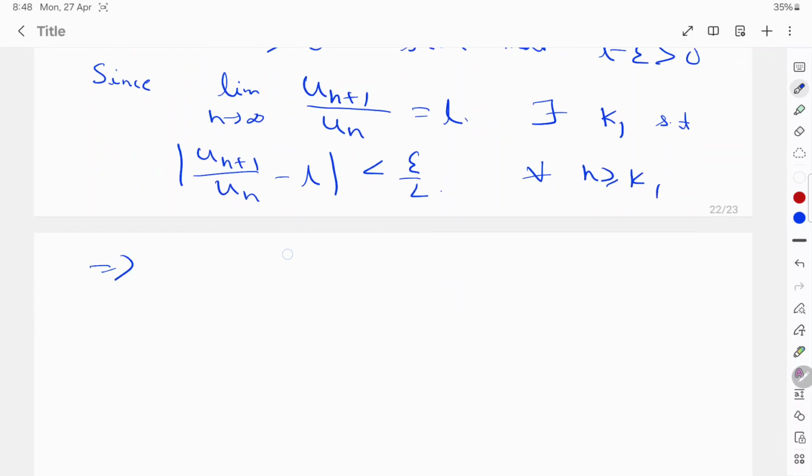So if you break this modulus, un plus 1 by un lies between L minus epsilon by 2 and L plus epsilon by 2.